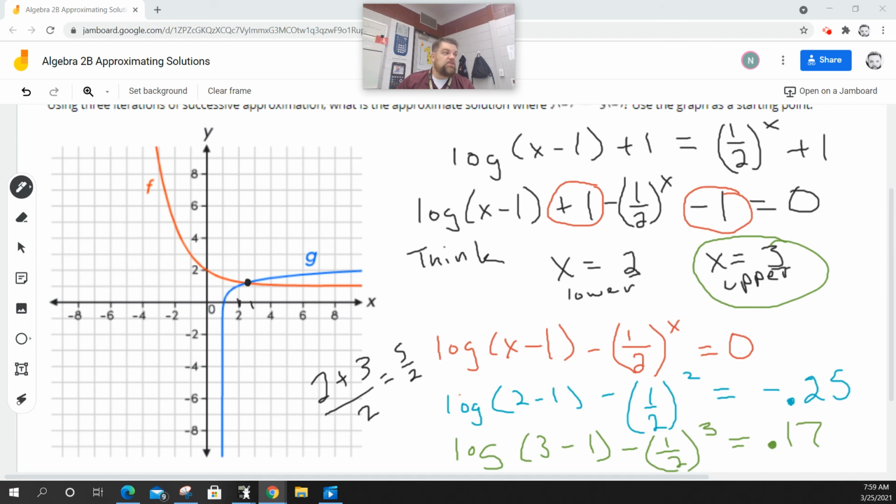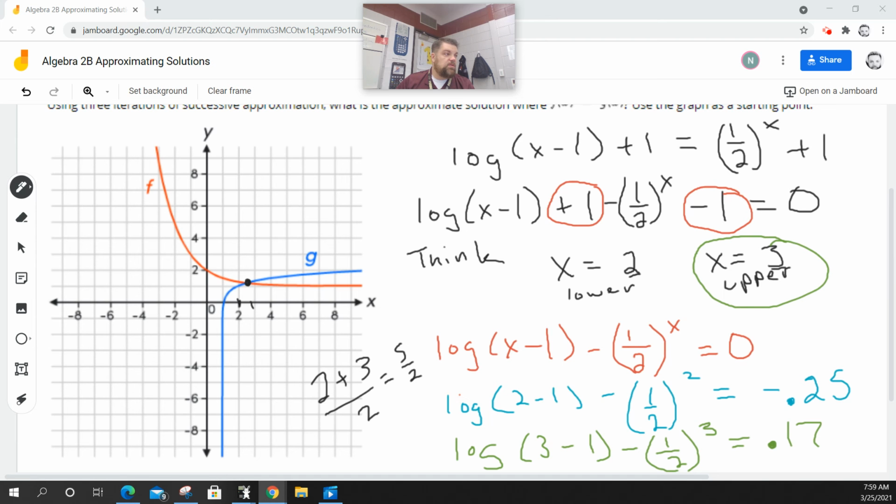What we're doing is trying to hone in closer and closer. Then we're going to substitute this value into the equation because we want to see what it does.